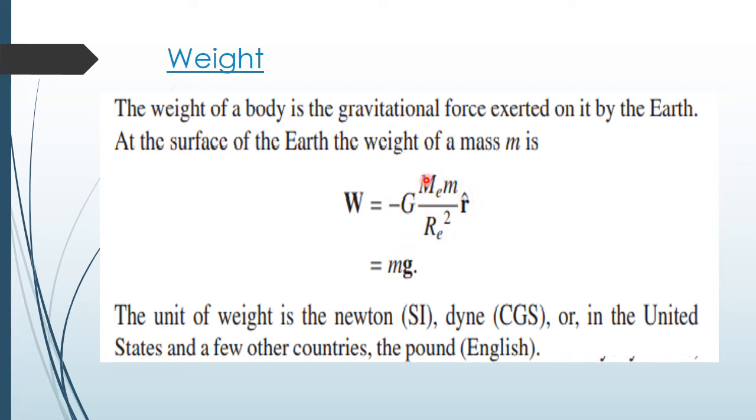So this value G Me / Re² is g. So weight is equal to mg. Actually the weight of a body is equal to the gravitational force exerted on it by Earth. So W, the equation of weight, is equal to mg.